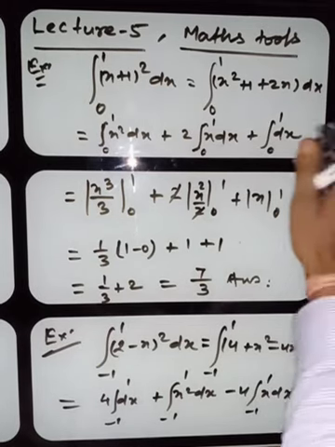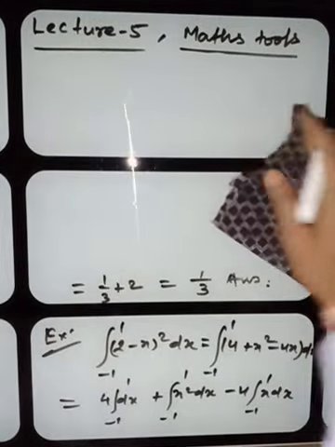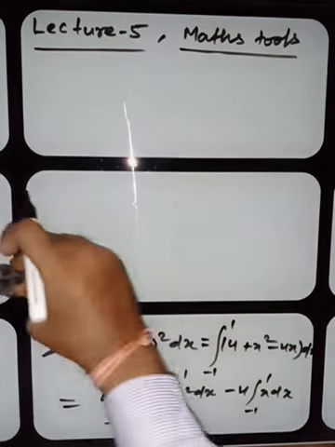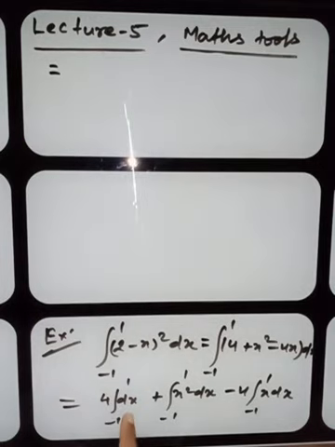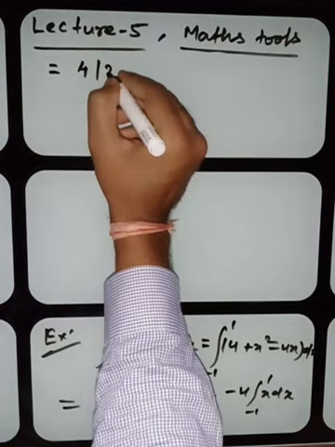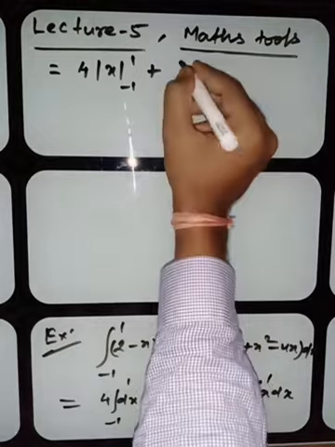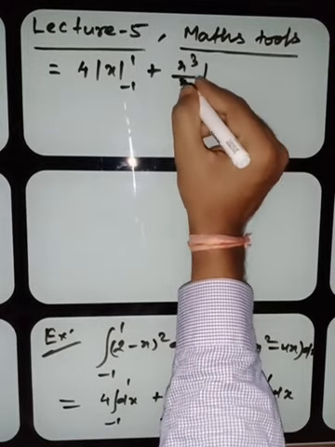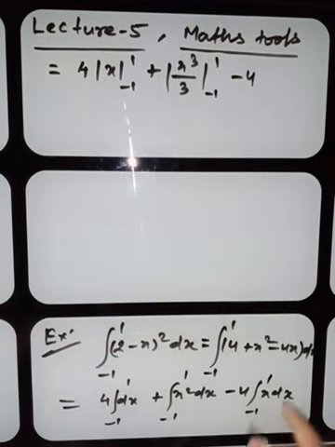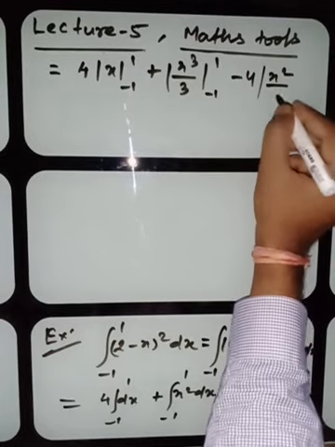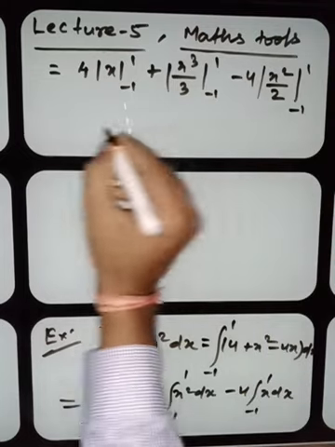I hope you are getting it. Now the answer: for dx, it is x from minus 1 to 1, plus x square, it is x cubed by 3, minus 1 to 1, minus 4, and x is x square by 2, am I right, minus 1 to 1.